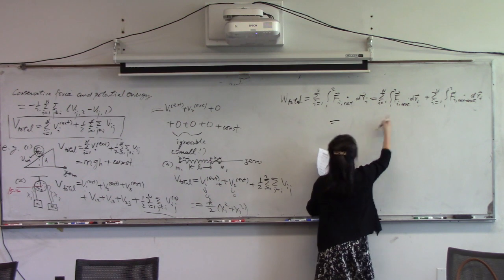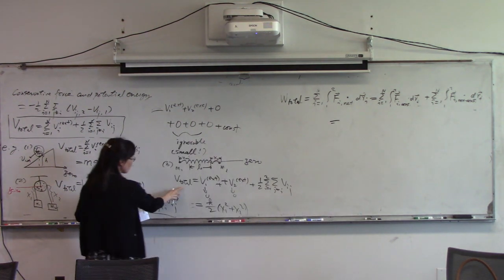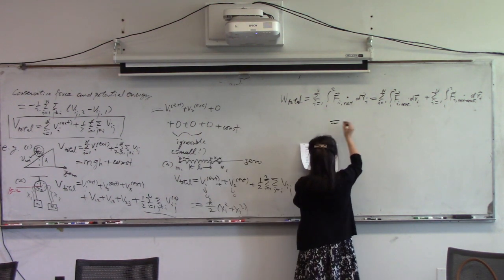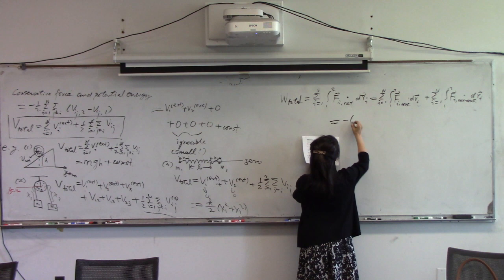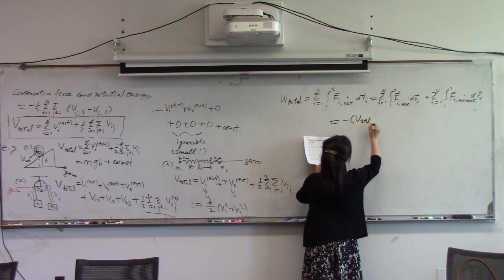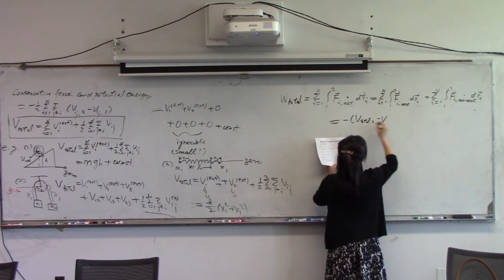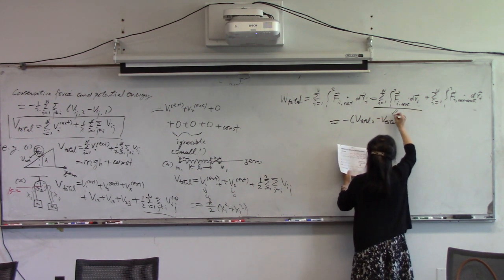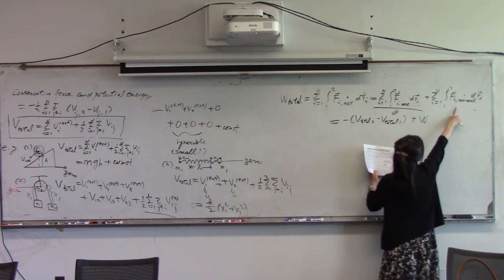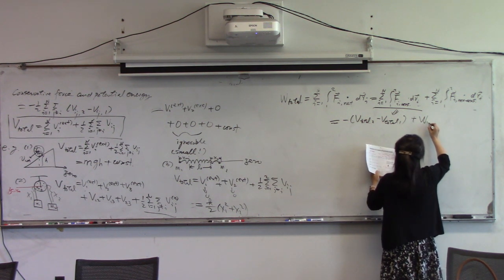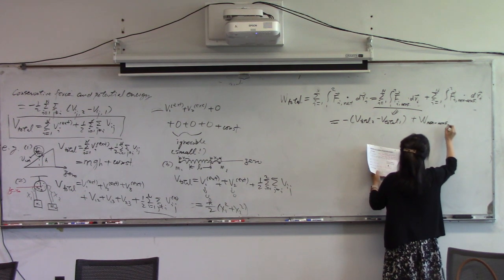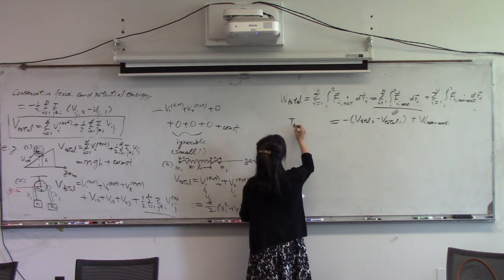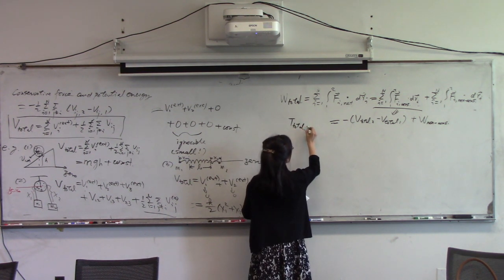So the first one, we know that is nothing but the potential energy difference, right? So that's V total at 1 minus V total at 2. And then those non-conservative forces do the work. We call this the work done by non-conservative force. Then the left-hand side, we know that is the total kinetic energy difference, right?